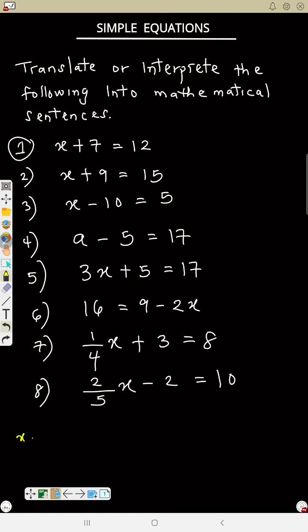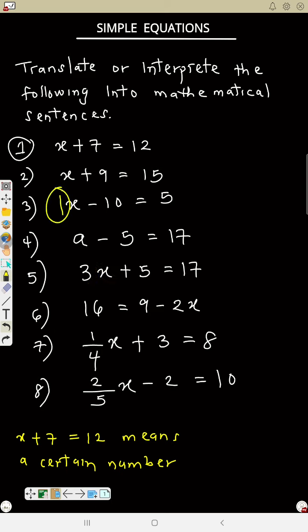Say the first one, s plus 7 is equals to 12, means, now I told you if there is no number here, you will say a certain number, so start with that. But here you say 3 times a certain number, but if there is no number at the back, put 1.